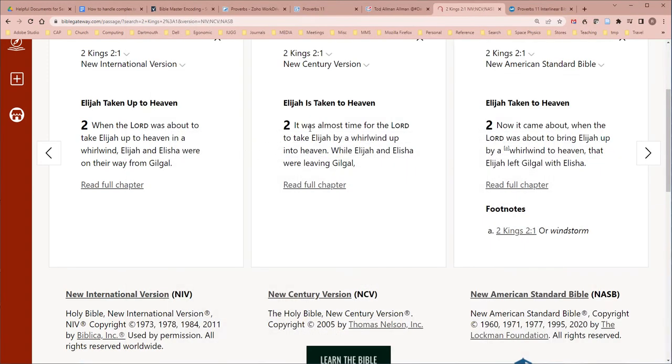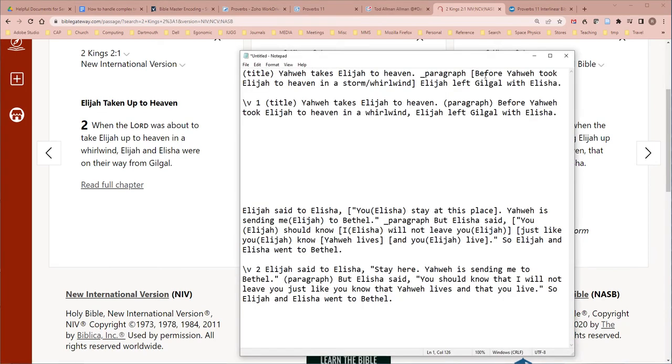Okay, so I could say the Lord will soon take Elijah up into heaven, and then start out with this other sentence. But I decided that a more straightforward way to say that is to say, before Yahweh took Elijah to heaven in a whirlwind, he left Gilgal with Elisha.